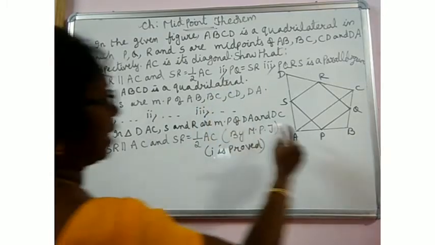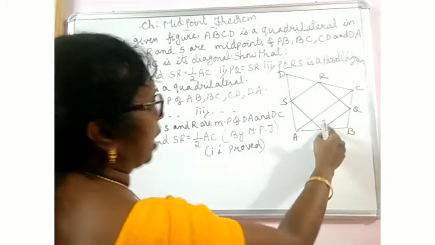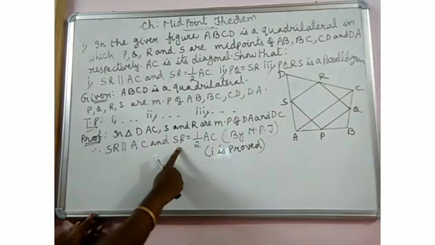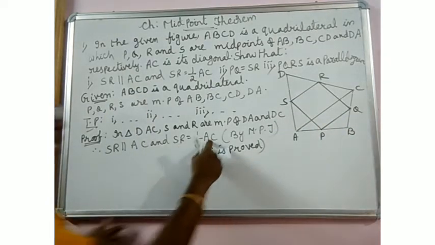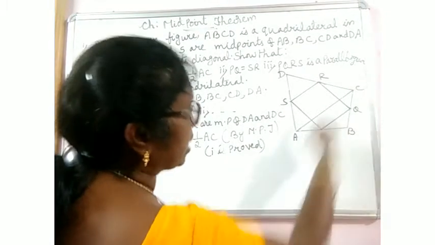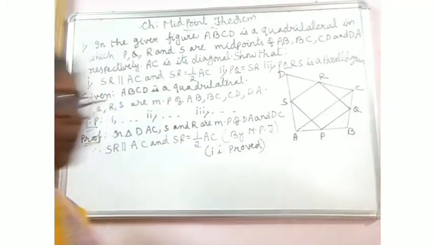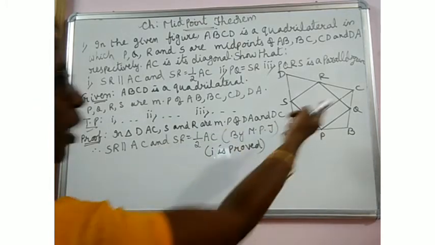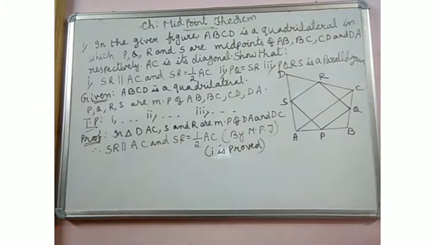We have to show that PQ is equal to RS. In order to show that PQ is equal to RS, here we got SR equal to half of AC. Let us work out for this triangle and show that PQ is half of AC. If SR is half of AC and PQ is half of AC, then we can show that SR equals PQ.